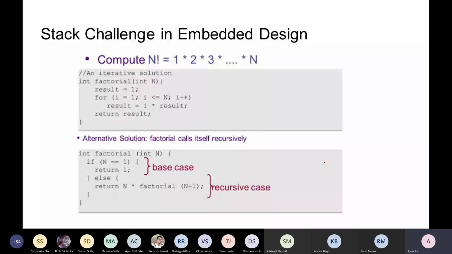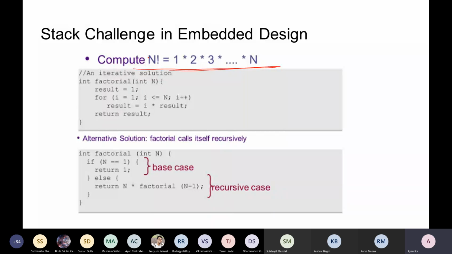So now you can understand how our choice of programming techniques can affect how we allocate memory. For example, let's take this one. We are computing n factorial. This is a factorial calculation example. I think you all know basic C code, in both ways, recursive and non-recursive.